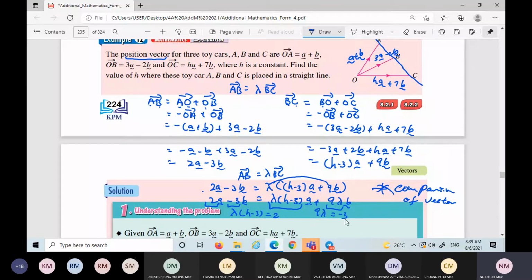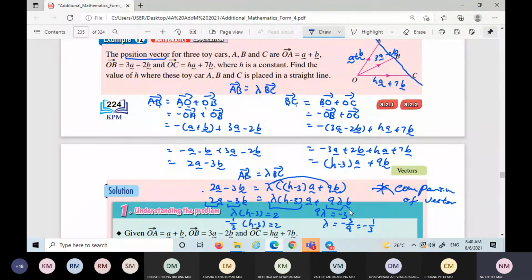Solve this one first because this one has only one variable which is lambda, but this one has two variables which is lambda and the h. After you get the lambda from this and then replace it into here, you get the h. So lambda will be -1/3. Only replace it into the first equation to get the h.